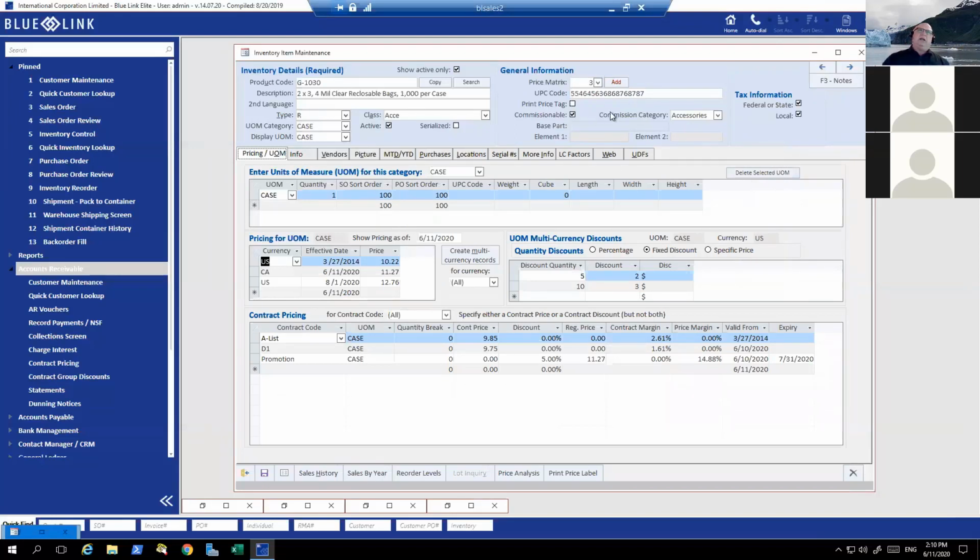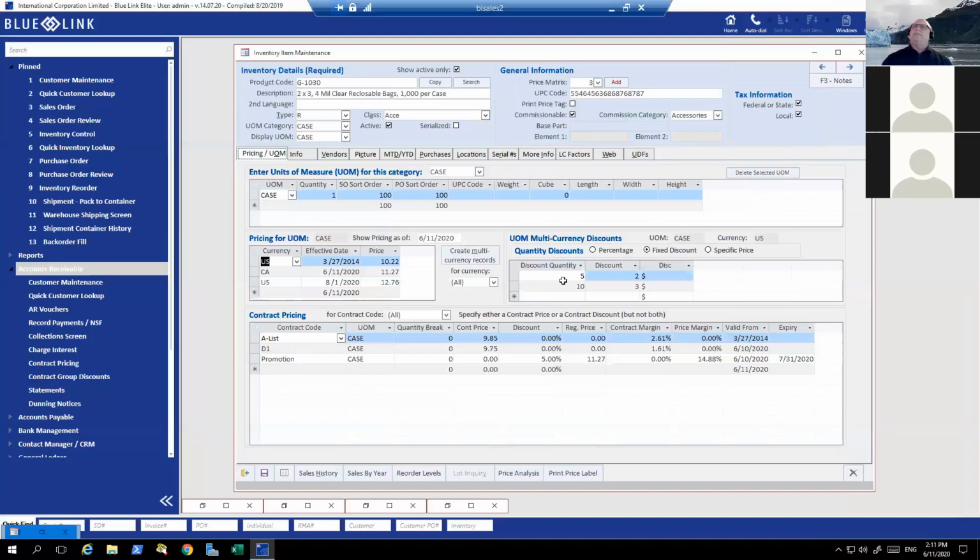The discounting that comes off of here is associated to the UOM pricing. So for instance, if it was a 2% discount or a 5% discount, it's coming off these specific prices here. Discount quantities are not associated with the specific customer. They are set up in the system.